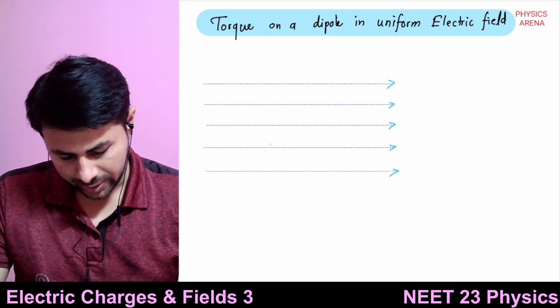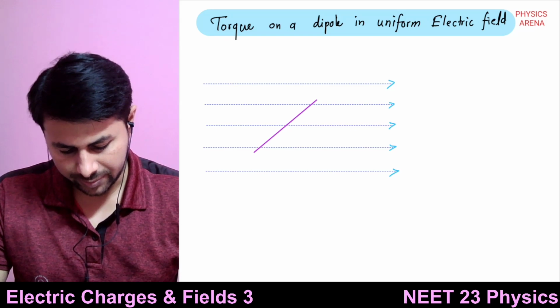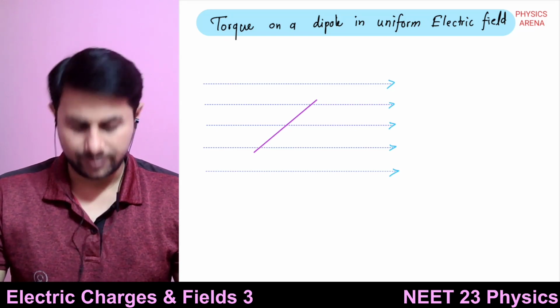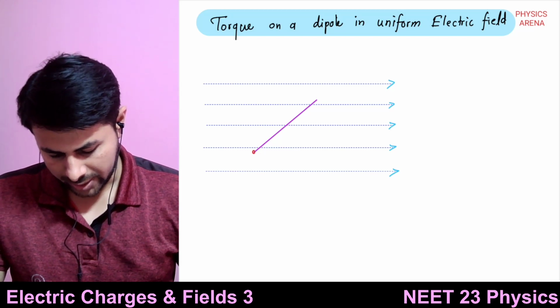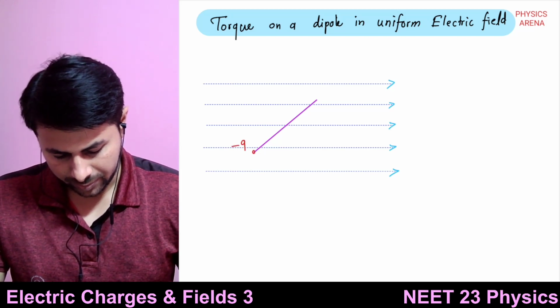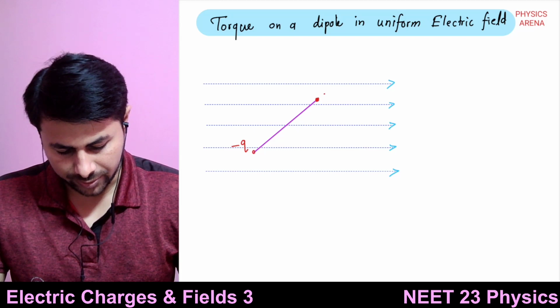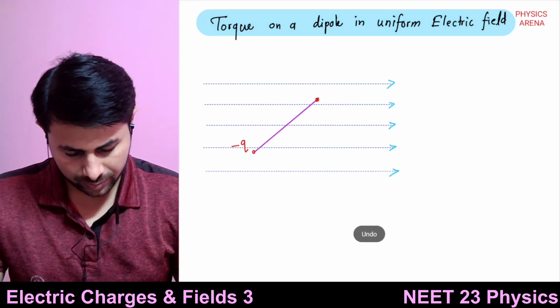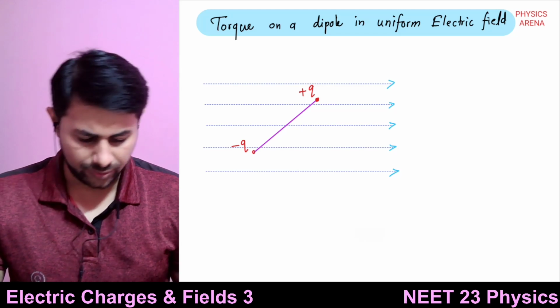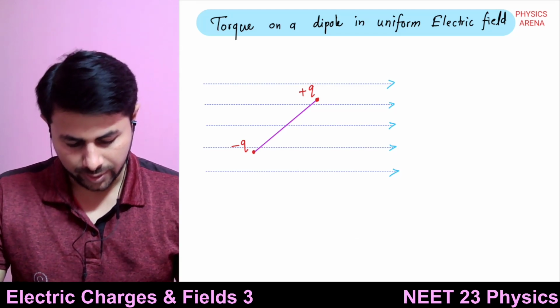So let's suppose the dipole is kept like this. This is charge minus q, this is charge plus q, this is charge plus q, this is charge minus q.